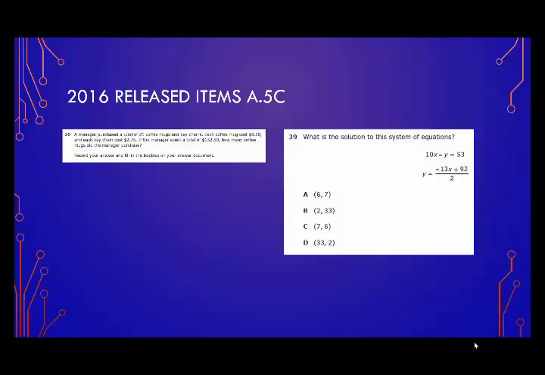Question number 39 is coded with processes 1B and 1F, with the correct answer choice being A, and 60% of our students were able to solve this one. So we get some idea that if they're given a system of equations, they can actually solve it.